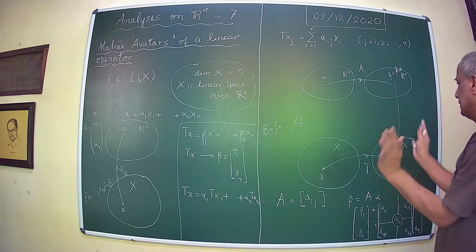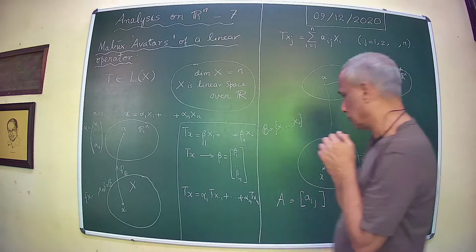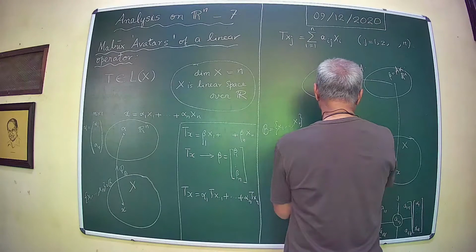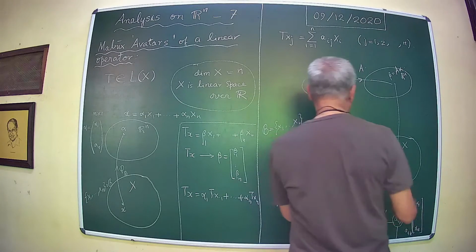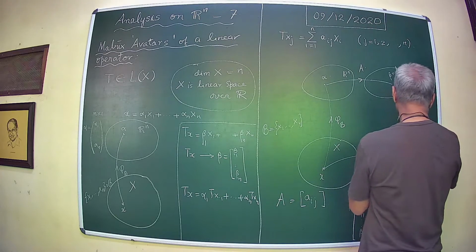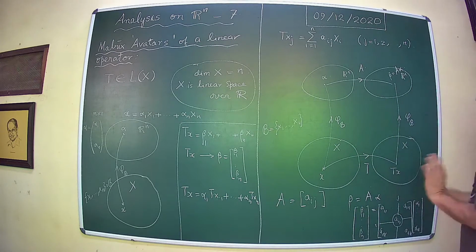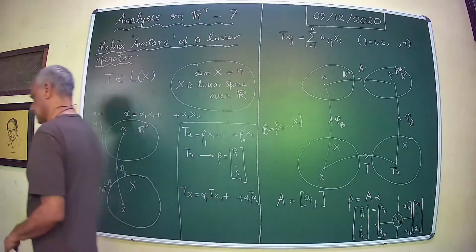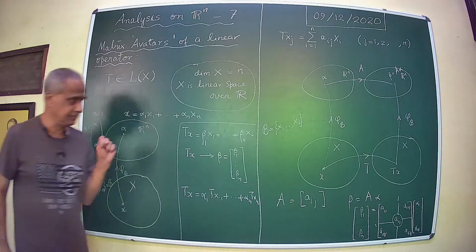Okay, so this is the scenario that comes up, and this I denote by phi B, and I am using the same B. I don't want to change the basis in which the representation takes place.